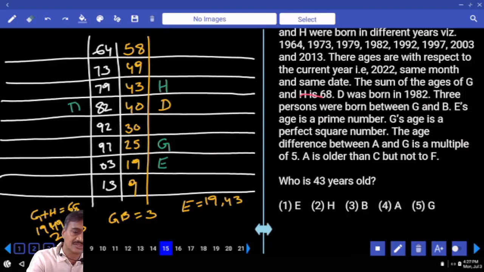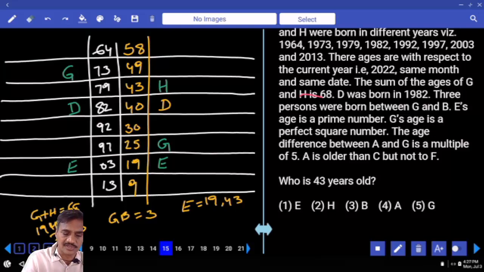Now in the other case, if you take E at this place, can E be here or not? Because it is either 25 or 49. Whose age is a perfect square? Yes, G's age is a perfect square. Now G can be 49. Now G is 49, and E can be how much? 19 years old.